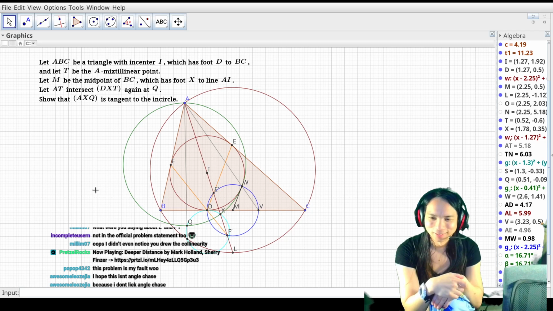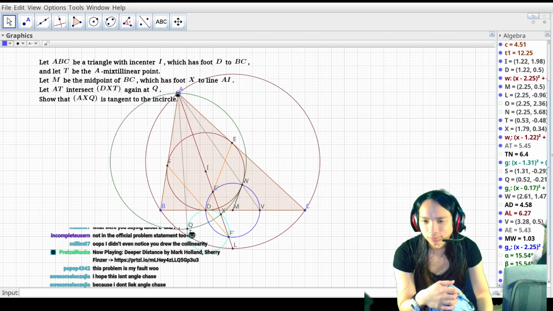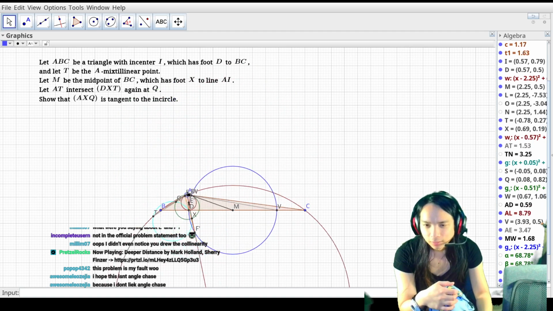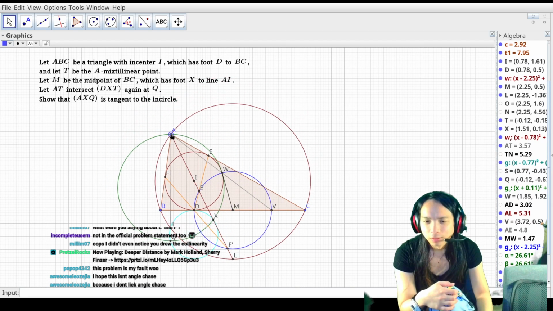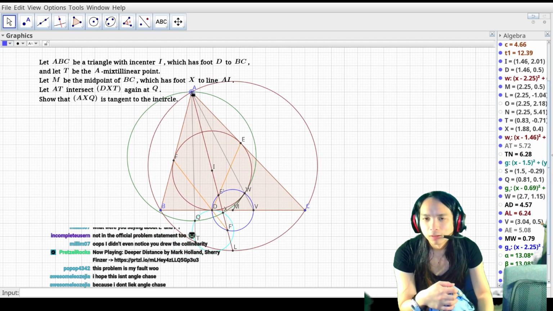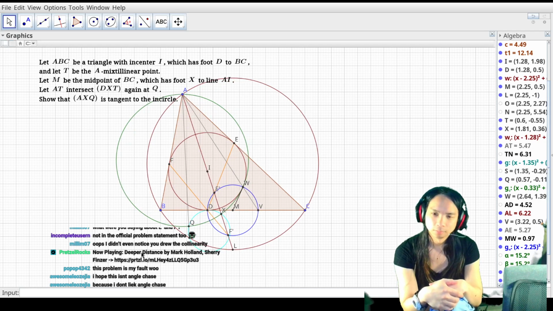You can't completely avoid angle chasing anymore. I think the cyan circle is actually tangent at D as well. No, I lied. It's not. Never mind. It just looks like it in the picture. What the hell is the point X?